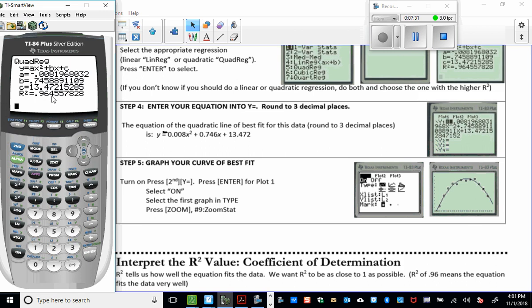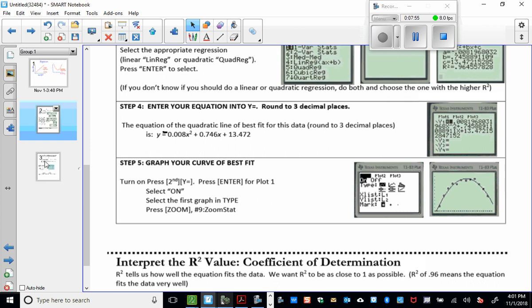R squared is never going to be a number that's bigger than 1, and the closer it is to 1, the better. So the fact that our r squared value is 0.96, that means that the equation that we wrote is a really good one. It really matches the data set very well. Okay, all the data is very, very close to that line. So the bigger the r squared, or the closer it is to 1, the better.